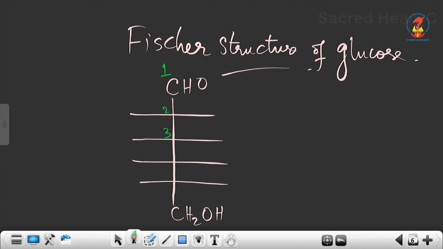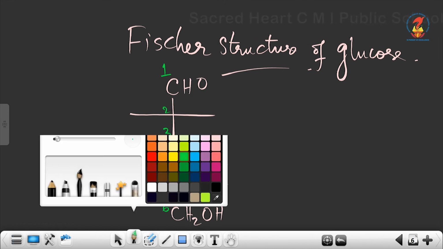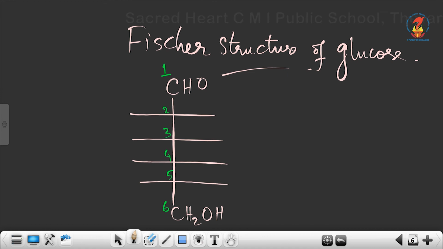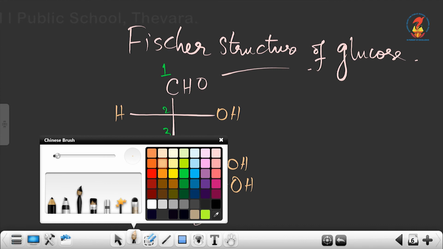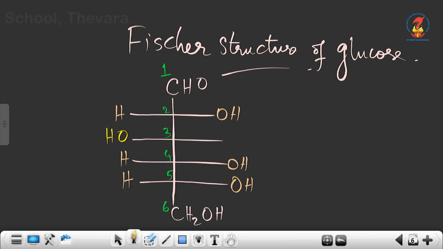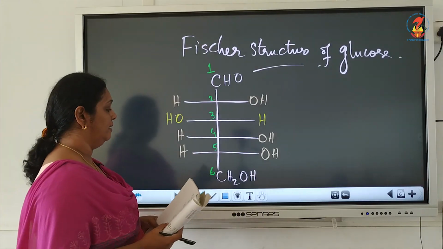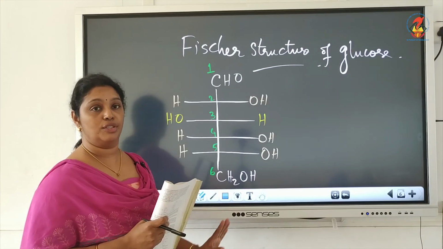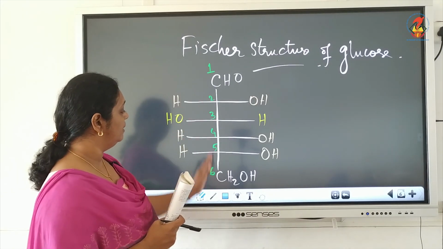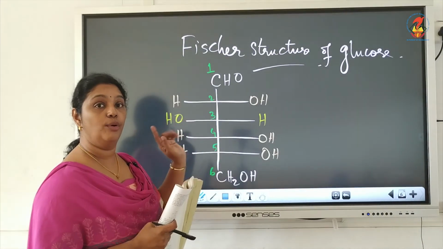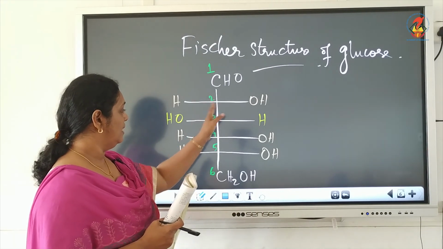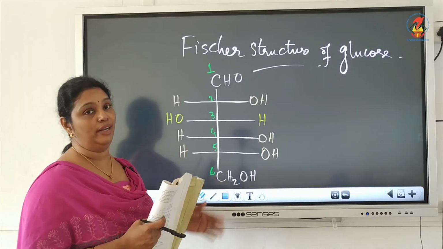In second position we have H and OH, fourth position H and OH, fifth position also H and OH. But in third position we have OH on the left side and H on the right side. Always number the carbon atoms: on the third carbon we have OH on the left side, whereas on the second, fourth and fifth carbons we have hydrogen on the left side.